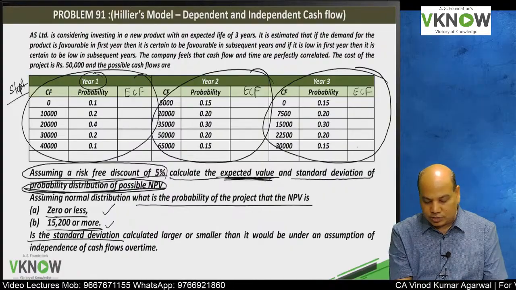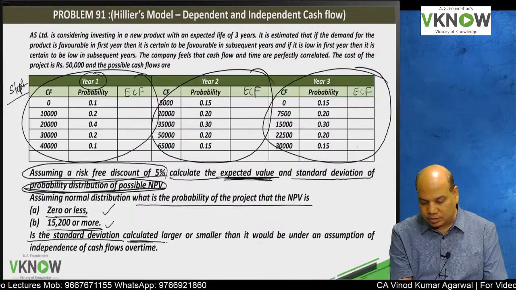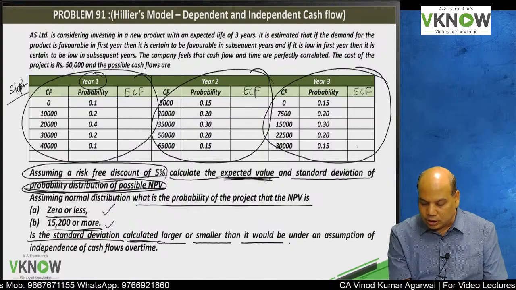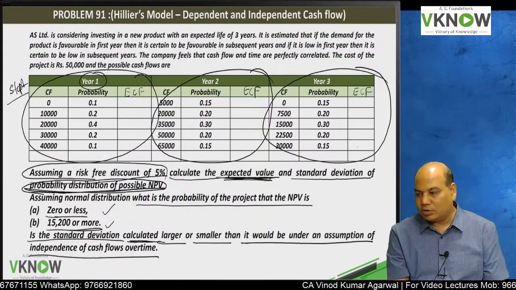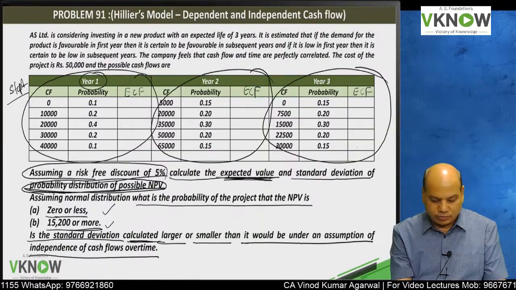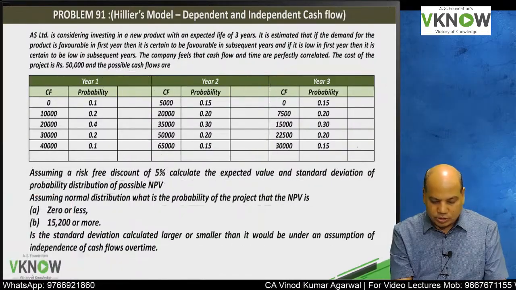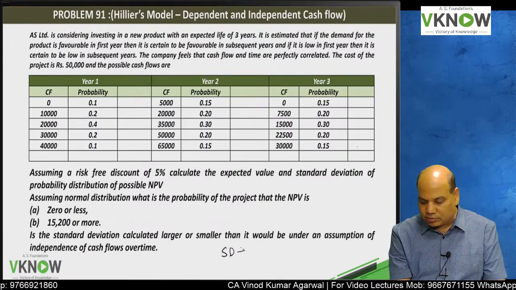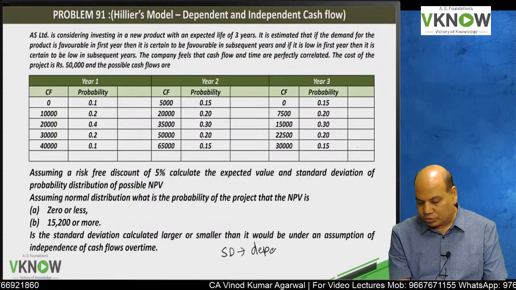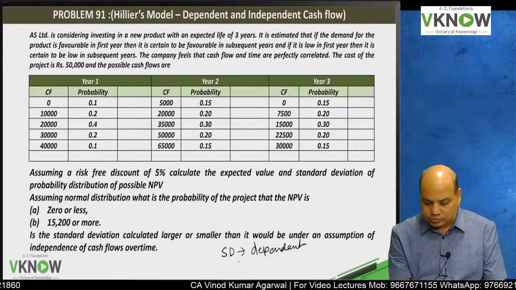Is the standard deviation calculated larger or smaller? Then it would be under an assumption of independence of cash flows over time. The meaning of this question is, we are going to compute standard deviation by assuming dependent cash flow.